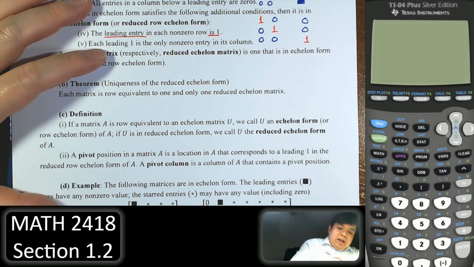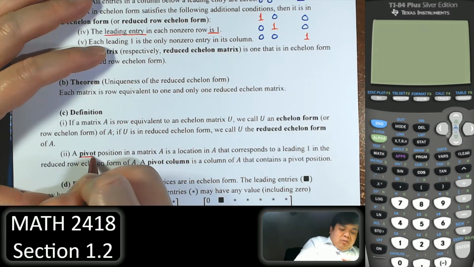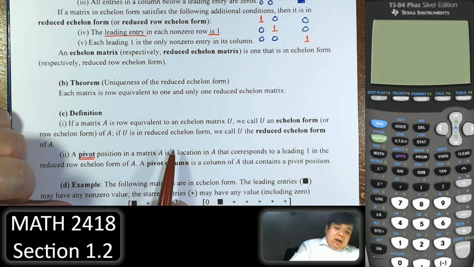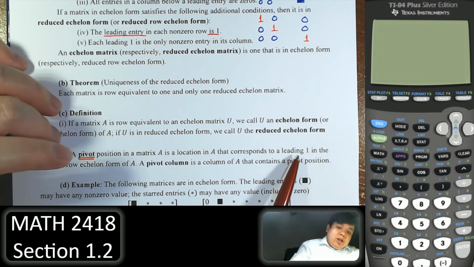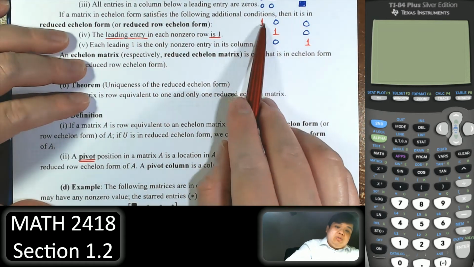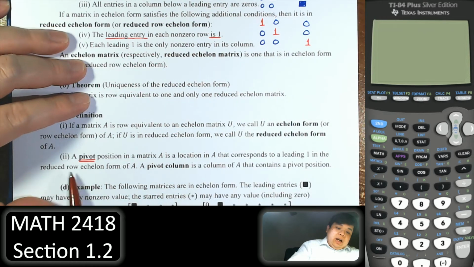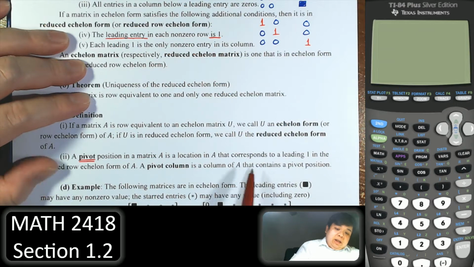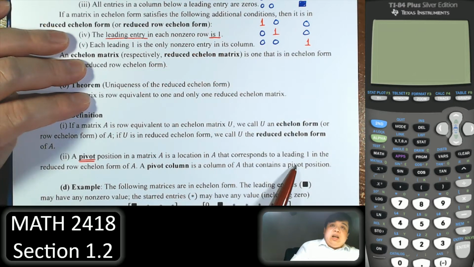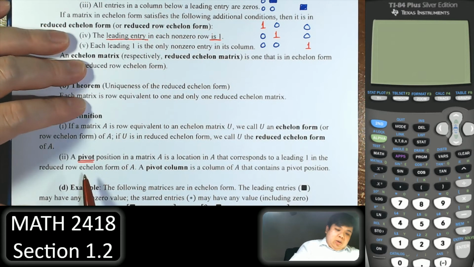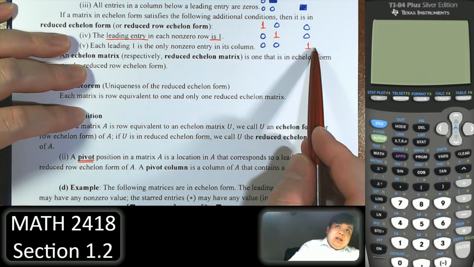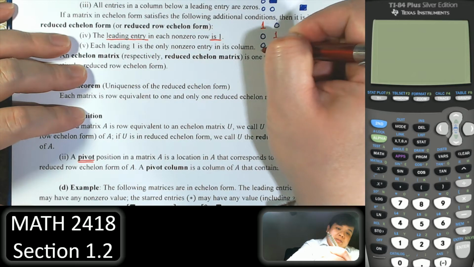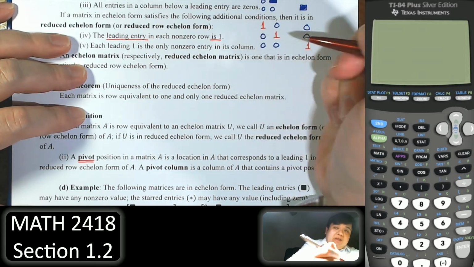What's important here is the terminology of the pivot. A pivot position of a matrix A corresponds to a leading 1 of the reduced row echelon form. A pivot column is a column that contains a pivot position. In this case, we call the 1 here the pivot entry, and the column is called the pivot column.